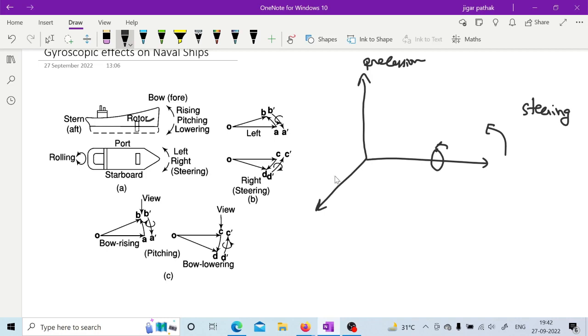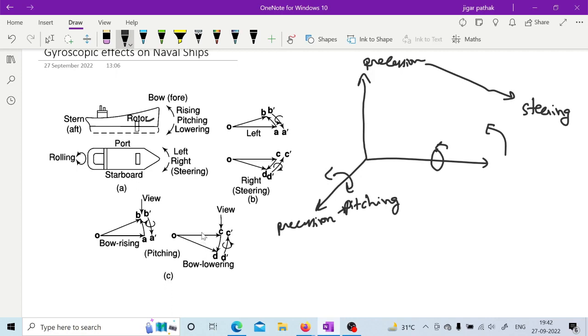In case of pitching, it will have a vertical up-down motion about this particular axis. For pitching, this will be your precession axis, right? For steering, this will be the precession axis.